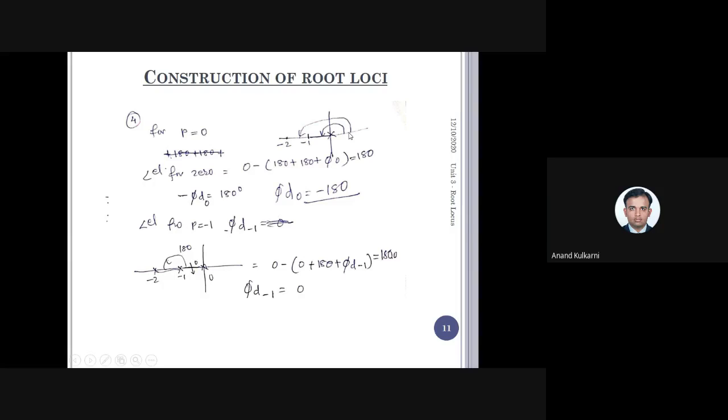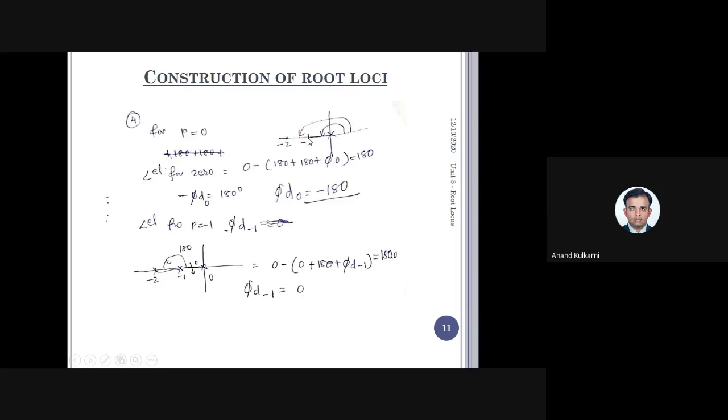And I am calculating the angle of departure. The angle of departure has to be calculated with the poles only. So the sum of angles of zeros, there are no zeros, so 0. Minus is there, so minus I will take common. The angle of departure for this pole is phi d 0.